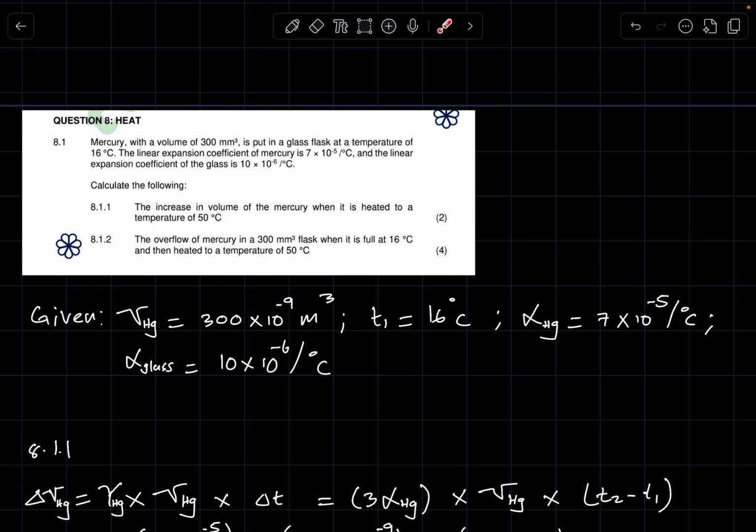So before the heat was gained, the flask was at its capacity. Meaning we need to consider the volumetric change in mercury and also the volumetric change of the flask, and the difference between the two will give us the spillage.